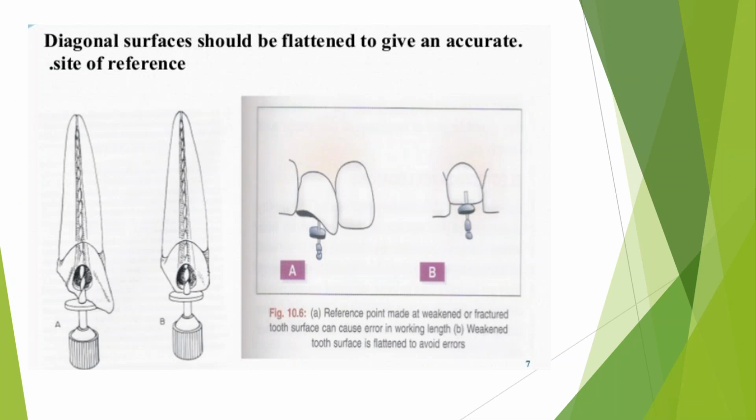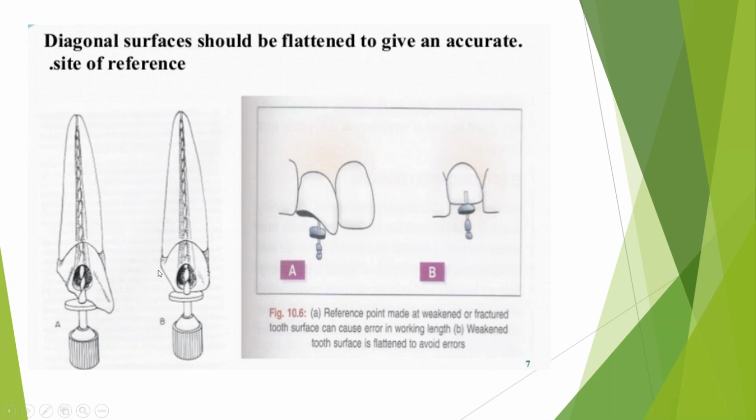So here's a diagram comparing a diagonal surface, which is A, to a flattened surface, which is B. As you can see here, flattening the surface, which is B, allows the stopper to easily rest on that surface, so it helps avoid errors and will give you a more accurate site of reference.